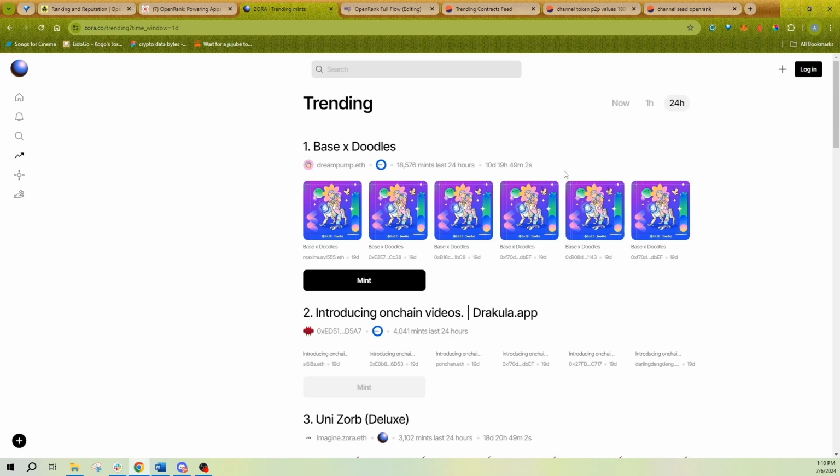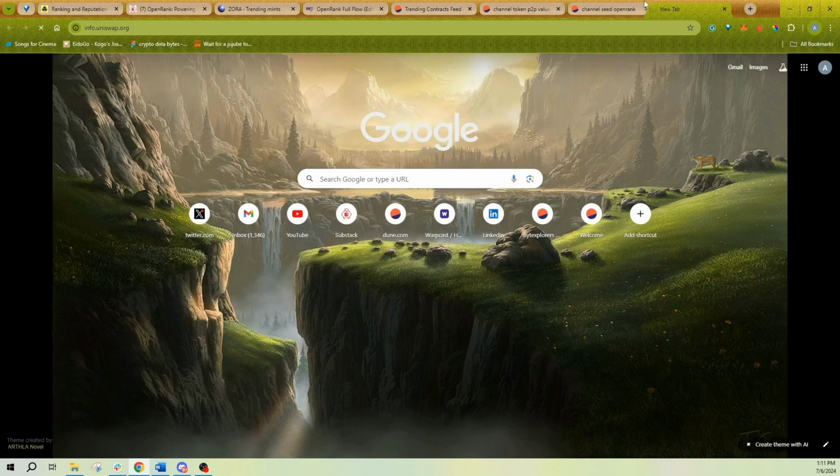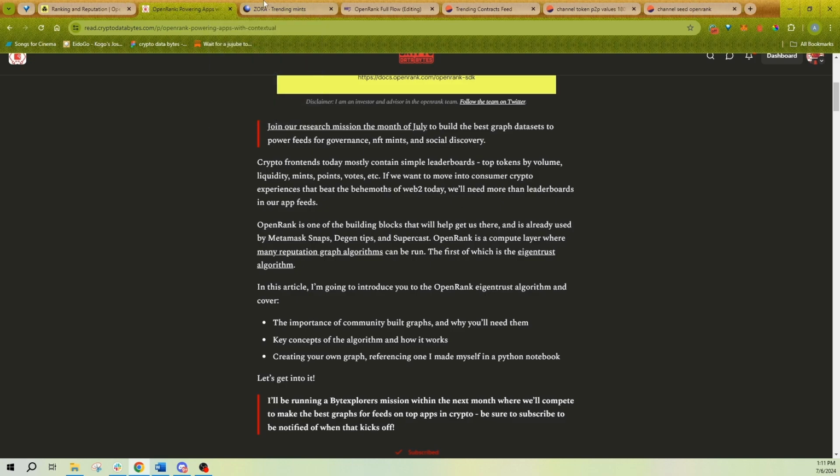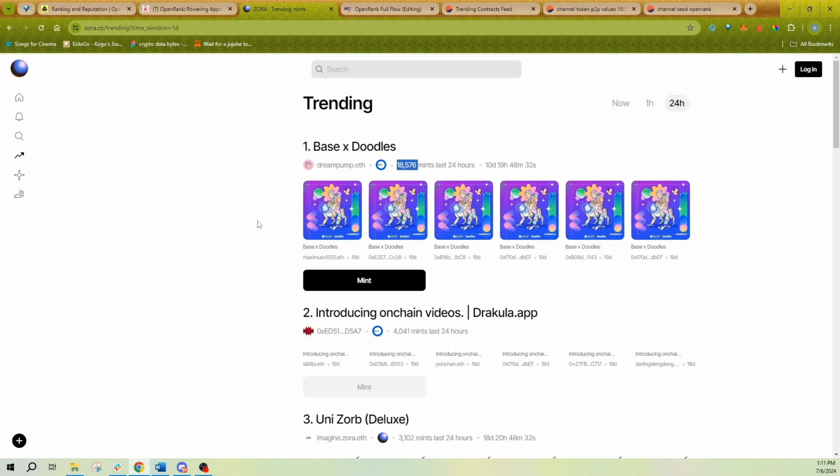It's just some sort of leaderboard: this NFT had 20,000 mints in 24 hours, so it should be at the top. Uniswap is a little different, but there are so many sites that are just sorted by yield or liquidity or volume, which is a very simple feed. And I think this works well when you have very small communities or user bases like we do in crypto, maybe 20 to 30,000 people realistically, if that.